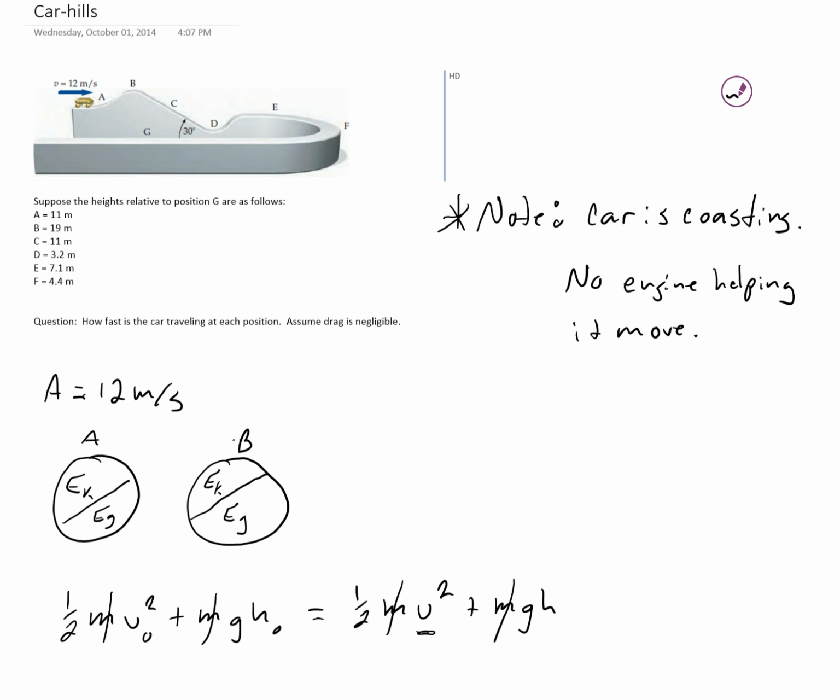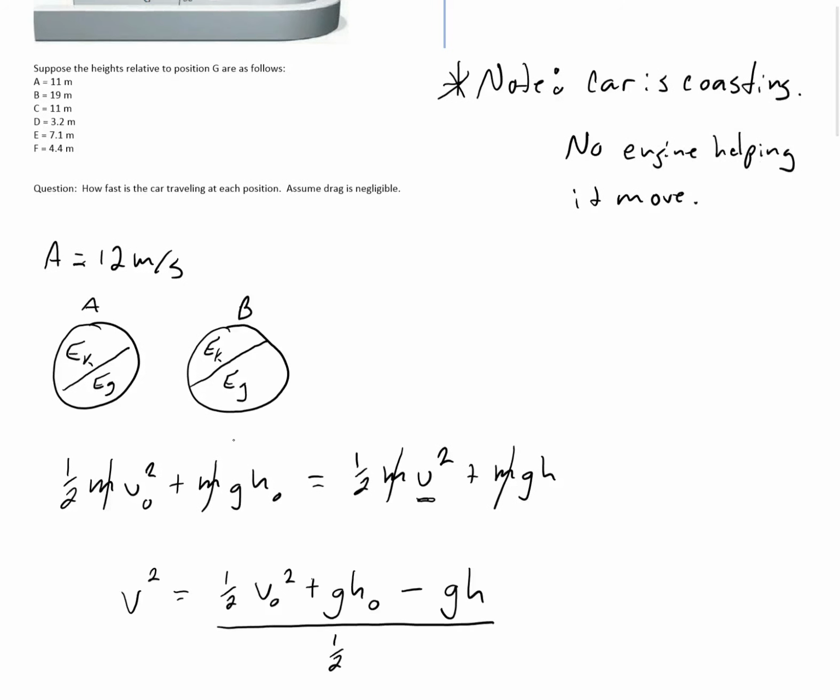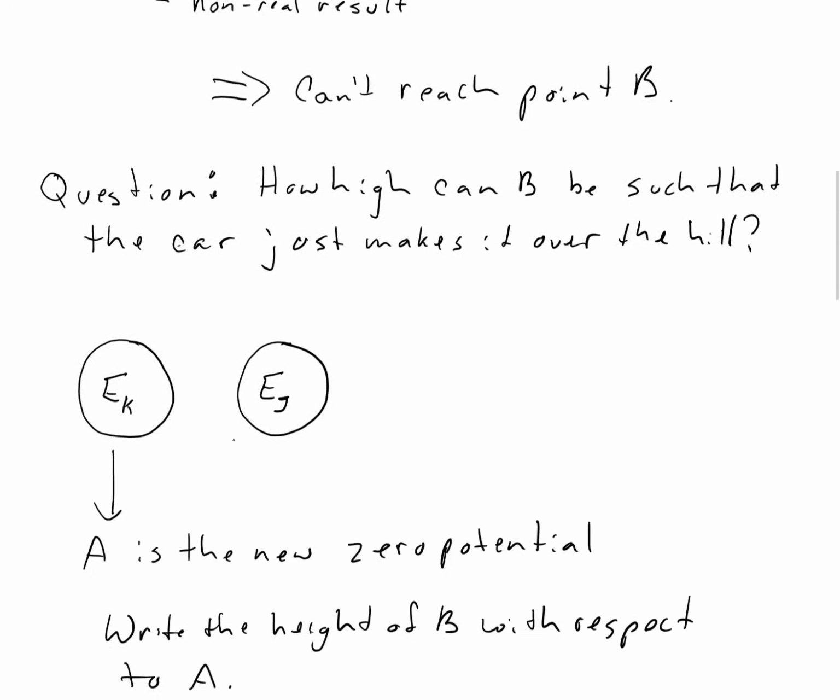There we go. Alright, we're not going to worry about B, C, D, E, or F then, since we didn't even make it over the first hill. So that'll count as example 1.